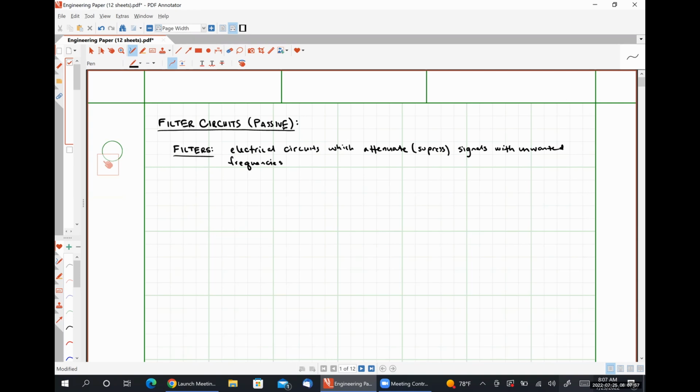The first thing that I want to talk about are the general classifications of filters, and we're going to look at these through the lens of an ideal filter, or what the ideal response might look like.